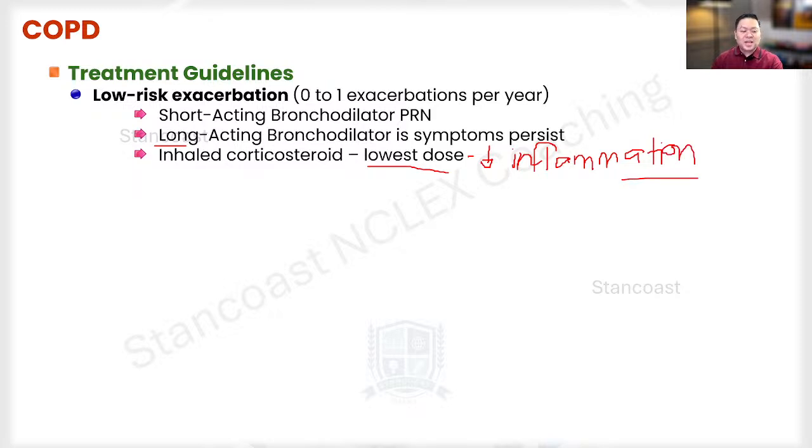When you teach this patient who will be using the corticosteroids, especially on a long-term basis, you have to teach them to use this cautiously, because it can also have some major side effects.